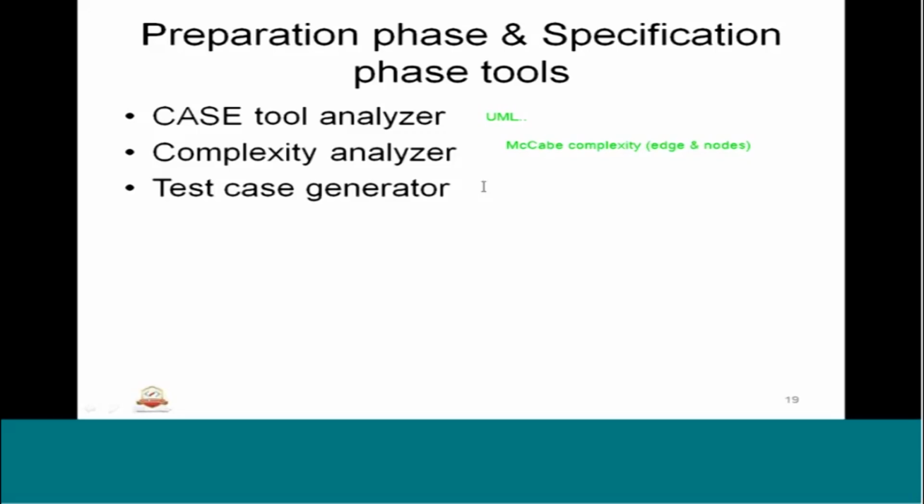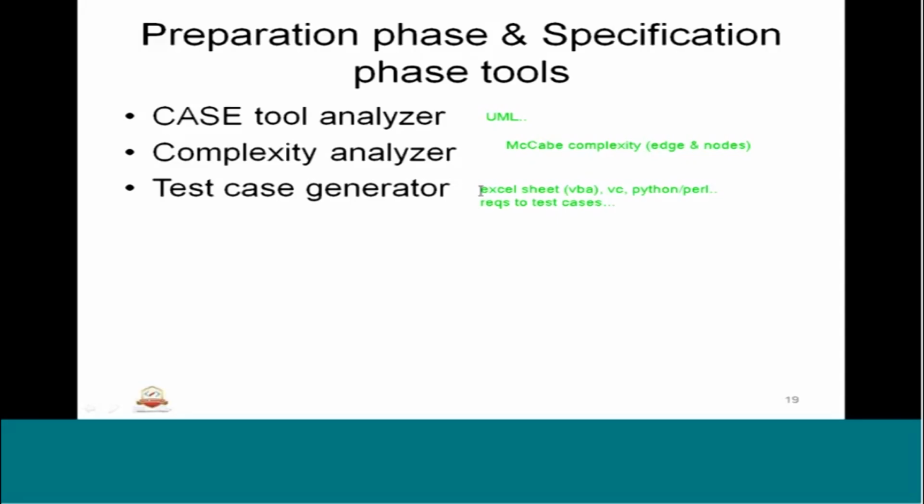Okay. The next one is the test case generator. This is for the specification, the test specification or test cases. There are test case generators such as MATLAB, LabVIEW and so on, which are used for scripting. Using something like Excel sheet based tools, or even Python or Perl, test cases can be produced from inputs such as requirements.